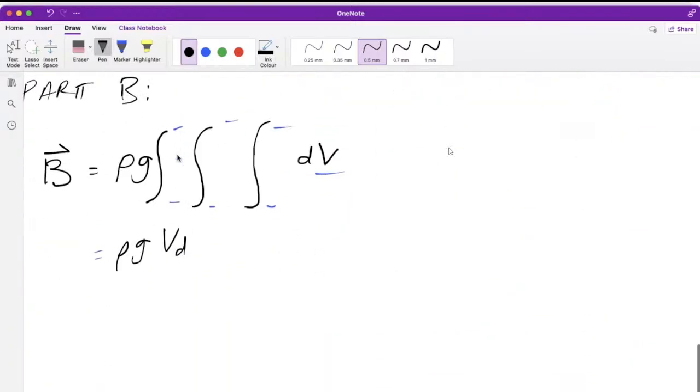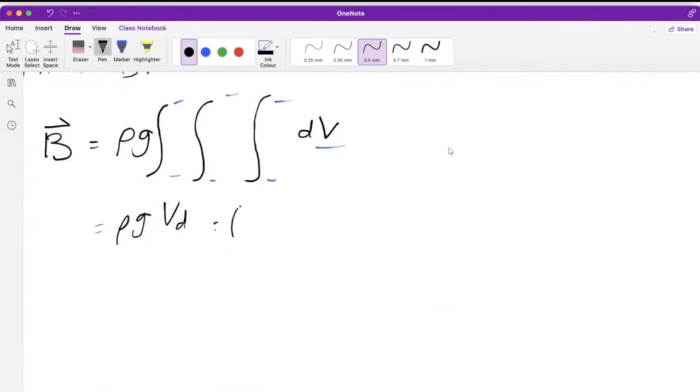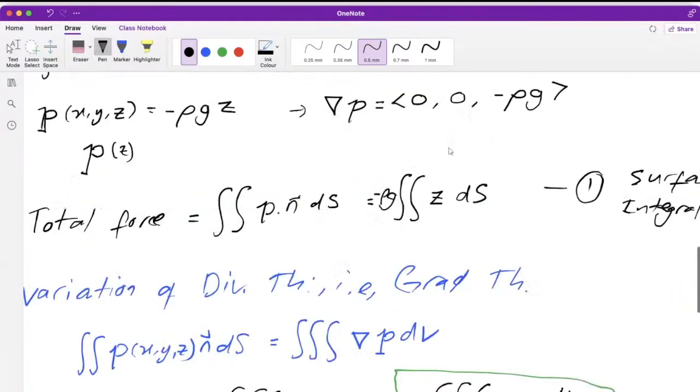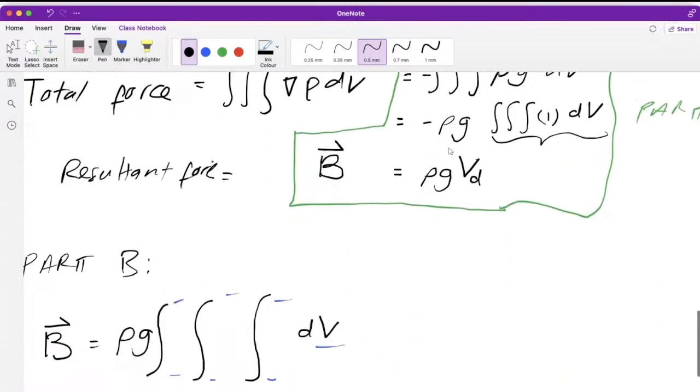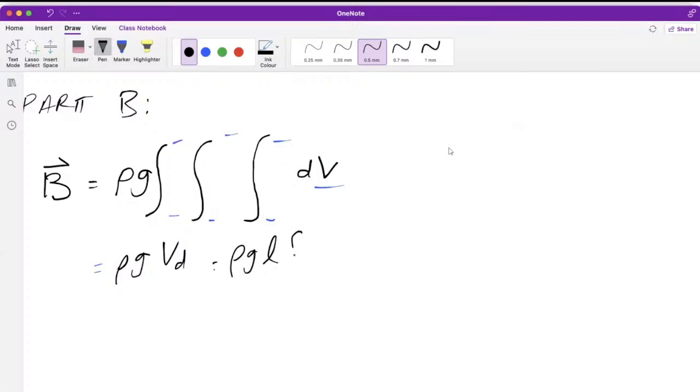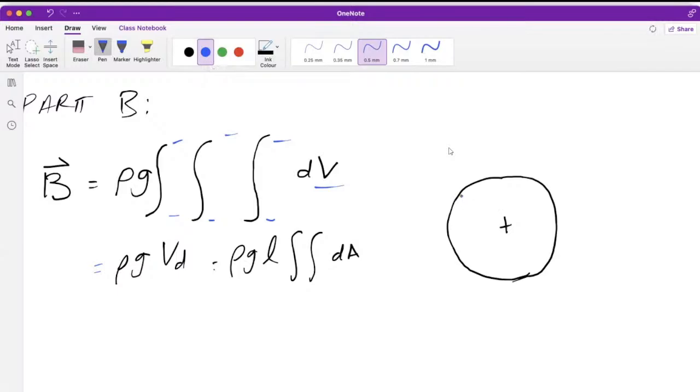So it's going to be rho g times L, L being the length of the cylinder, and then there's a double integral for the area here. So I'm just going to put dA, because my area, if I were to sketch this cylinder, is going to look like this. And what I'm interested in is the partial part of this, right? Because it's somewhere like this.